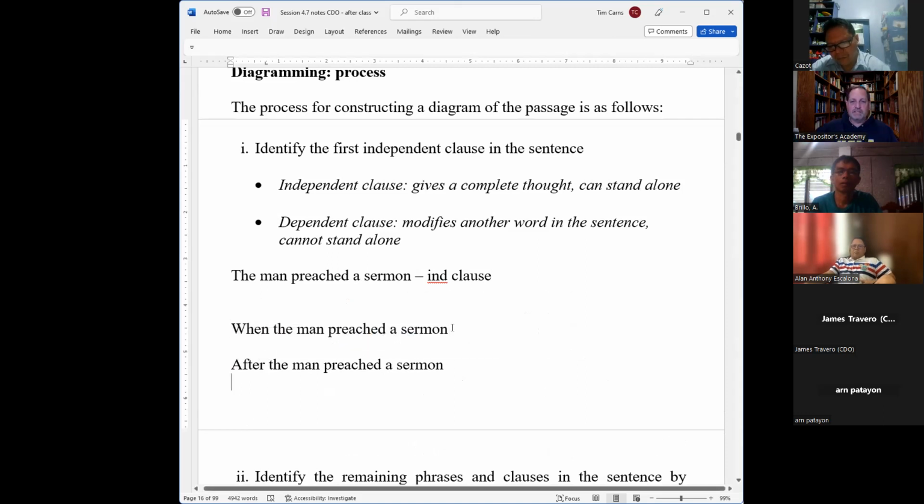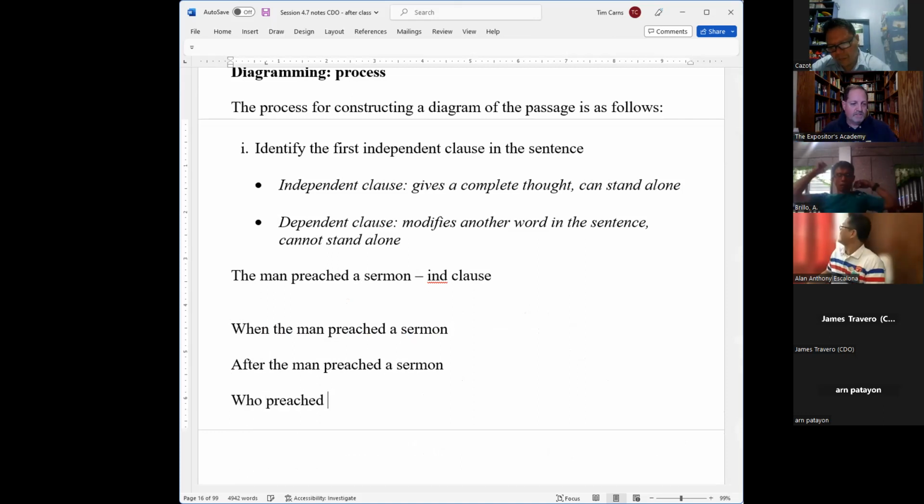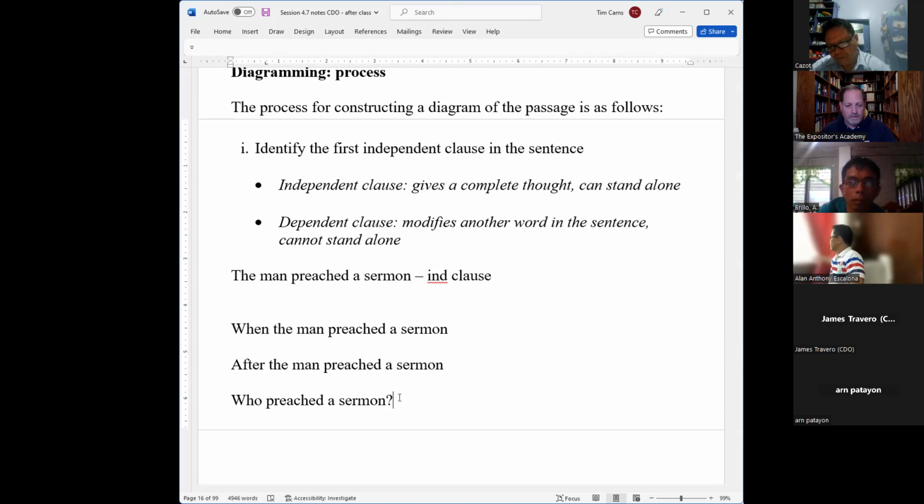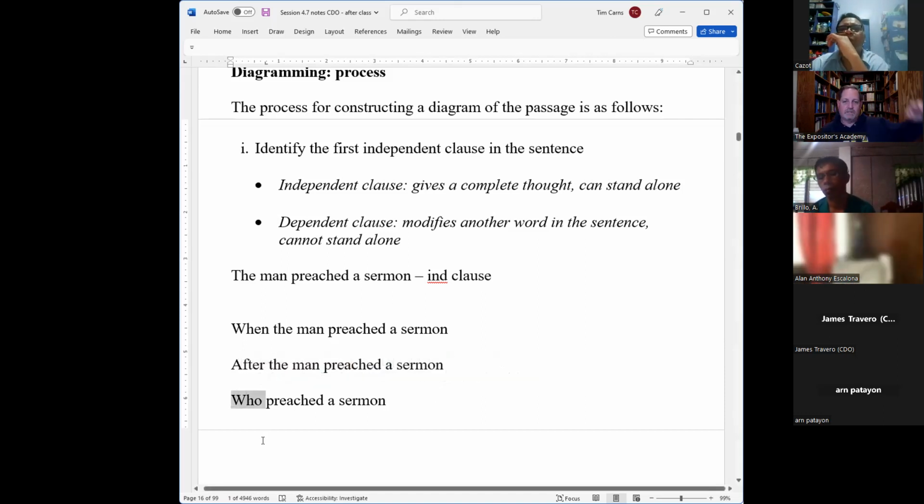That's telling us it's linked to something else in the sentence, in the paragraph. Or who preached the sermon? If this is a question, with a question mark, then that would be an independent clause.